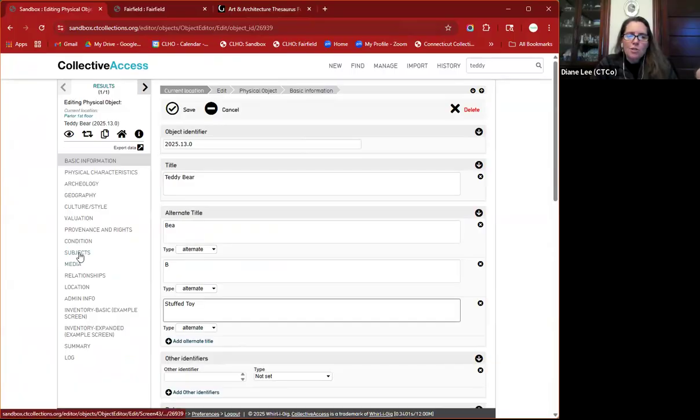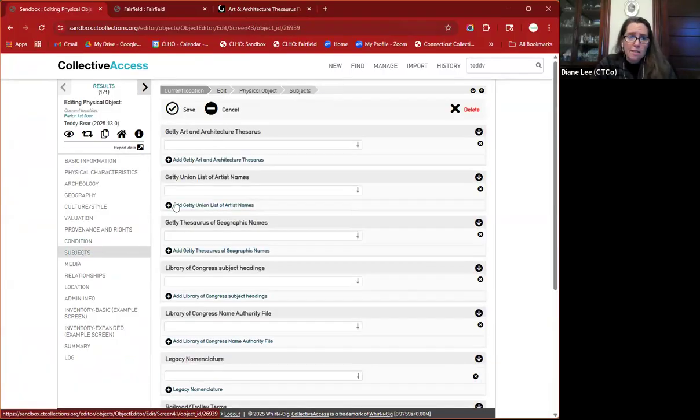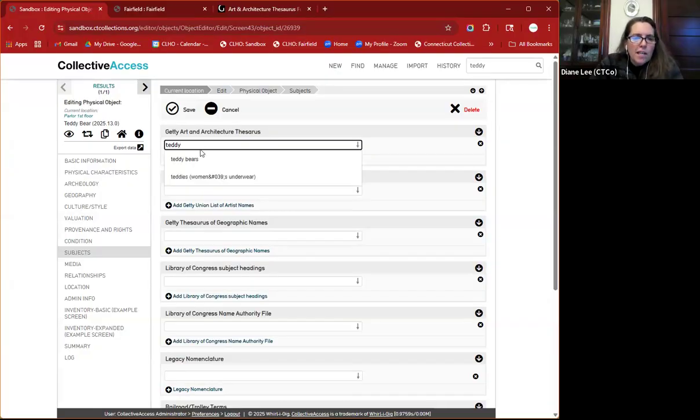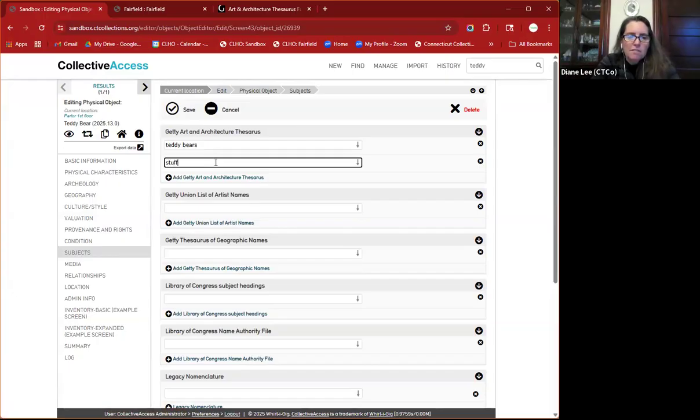And then when I go to the subjects for this, I'm going to put both of those things in. I know I was talking about something else at the time, which is why this isn't filled in yet. So I can put in teddy bears, and I'm going to put in stuffed toys, and that should come up.